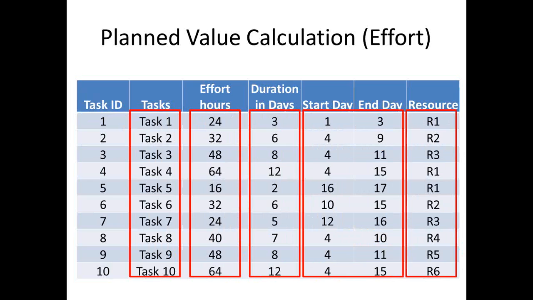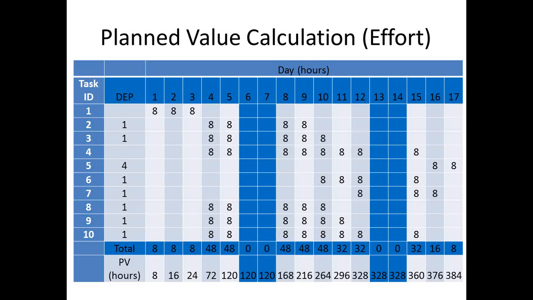So let's move to the next step, in which we're going to look at how we will calculate the number of hours. This is the planned value calculation, and we're trying to find out the effort. The critical path of this project is 17 days. Activity 1, which takes 3 days at 8 hours every day, is a total of 24 hours. You can see that on the first row, which is row number 1 of task ID 1. And so on.